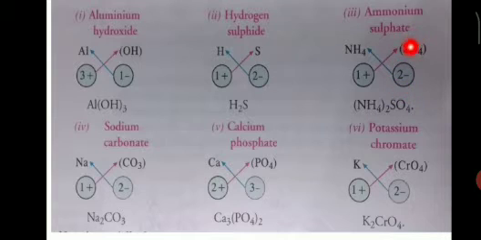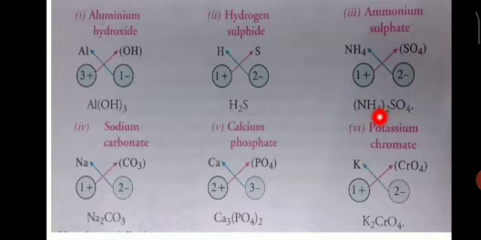If both are polyatomic ions, individually we have to specify the ions and put the bracket. So ammonium has the valency 1, sulfate has the valency 2. While crossing over, ammonium gets the valency 2 and sulfate gets the valency 1.